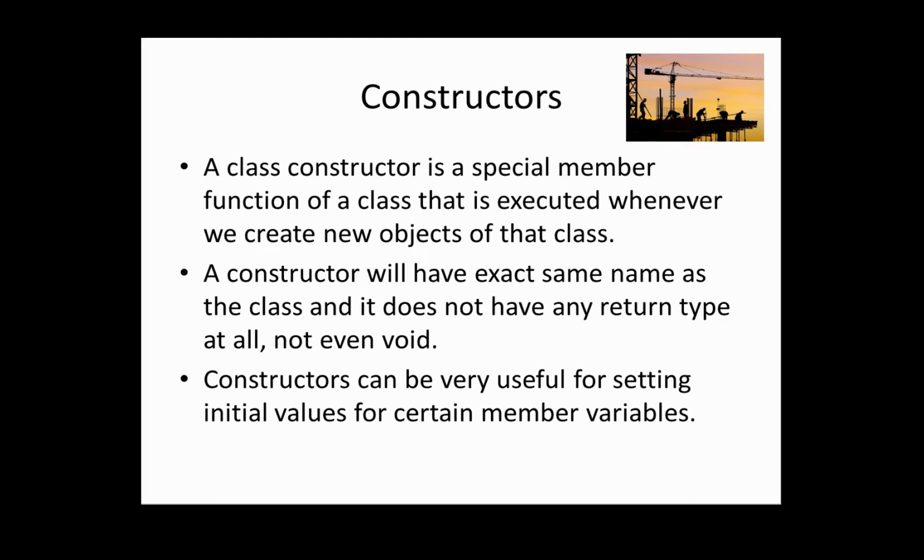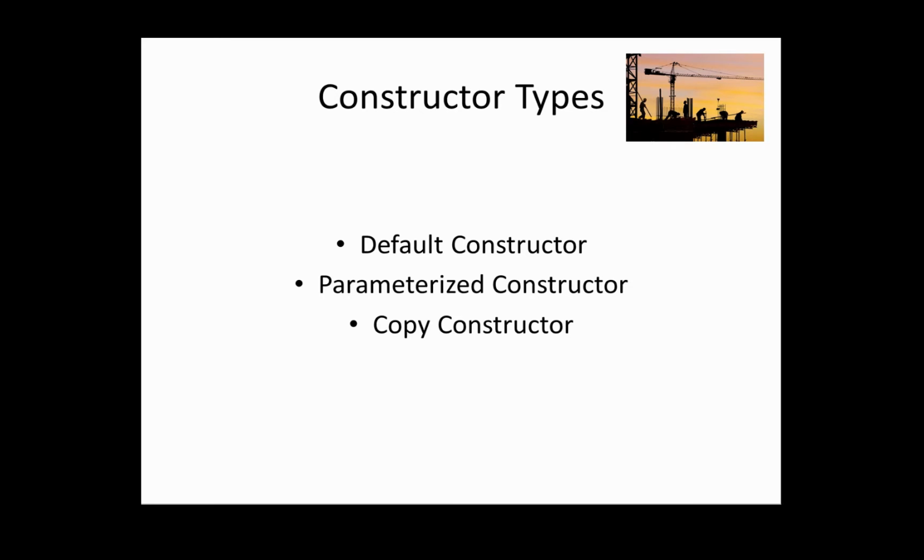Well then, let's take a look at the constructor types a bit. These are the constructor types that we can list as three. The default constructor is the constructor which doesn't take any argument. It has no parameter and no return type. The parameterized constructor is the constructor with parameters.